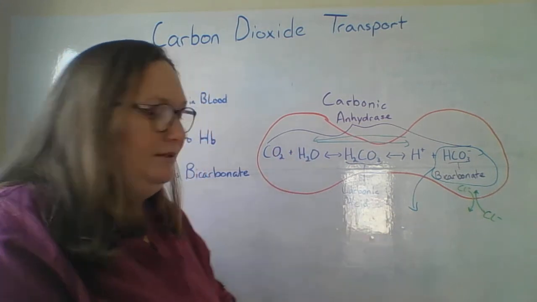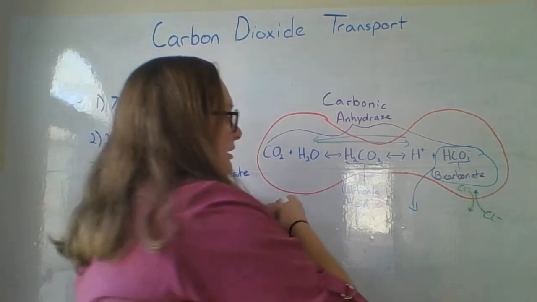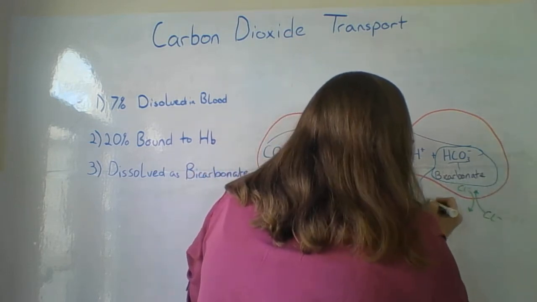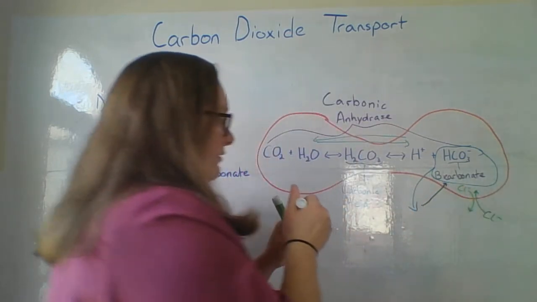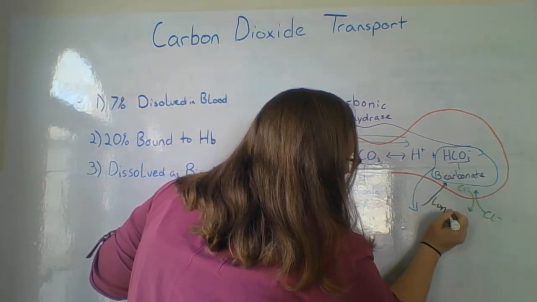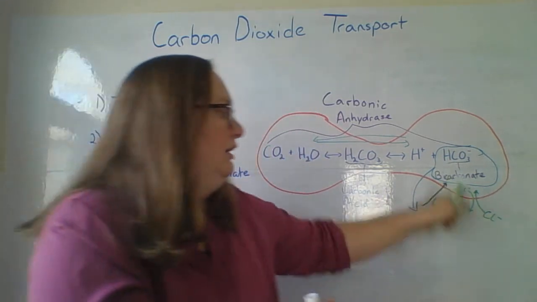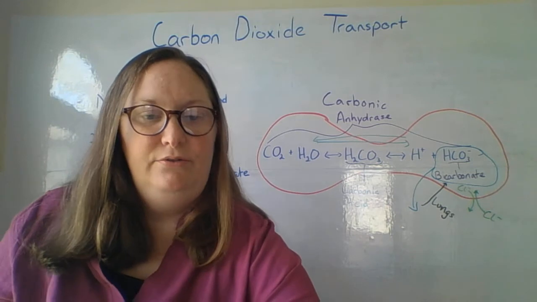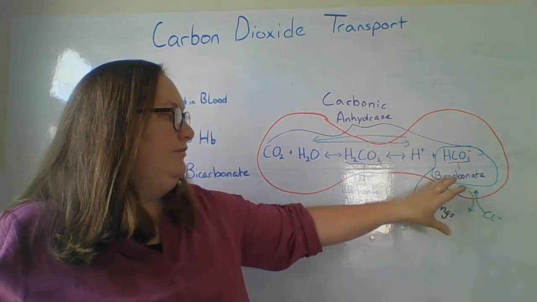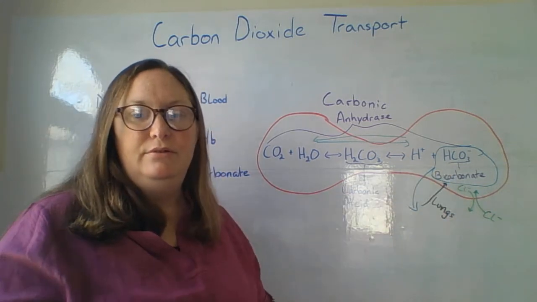But at that point, when we're in the lungs, the bicarbonate is going to go back in. So we put lungs. When the bicarbonate goes back in, chloride comes back out. So the chloride is kind of shifting in, shifting out to balance the charge from the bicarbonate. Does that make sense?